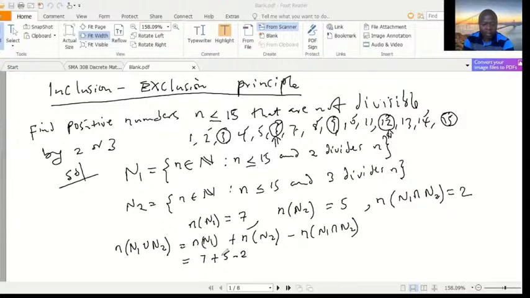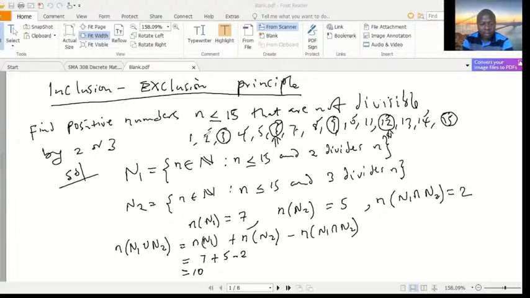So when I add these, I get 12, and 12 minus 2 gives me 10. So these are the number of elements divisible by 2 or 3.